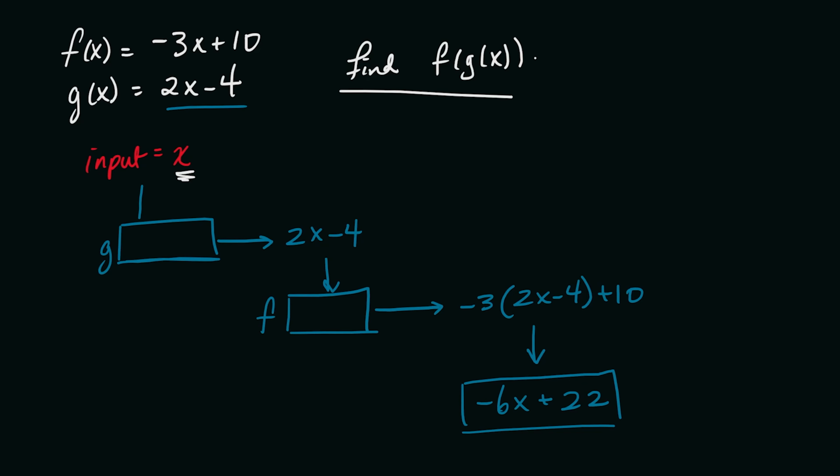So why don't we try something a little bit more algebraic, just so that you get into the pattern of using algebra to figure out the inputs and outputs. So let's say that f of x is equal to 3x squared plus 2x, and that g of x is equal to 4x.